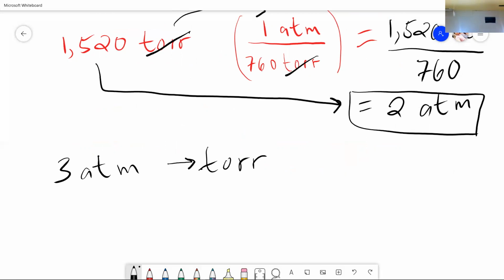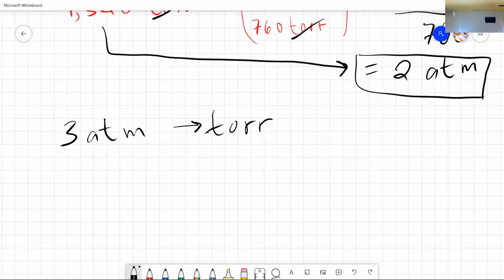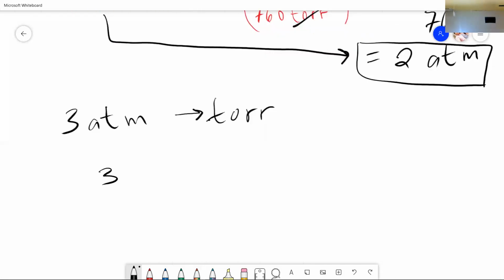First, write 3 ATM. In one ATM, how many torr?